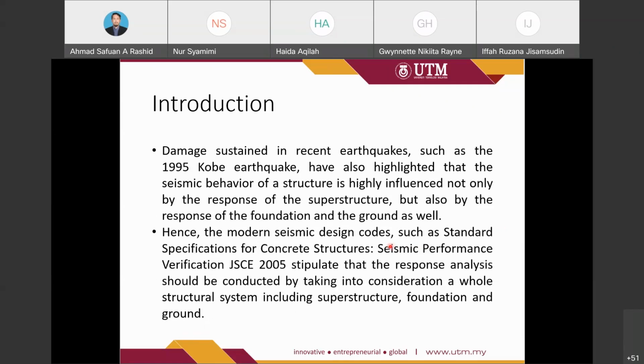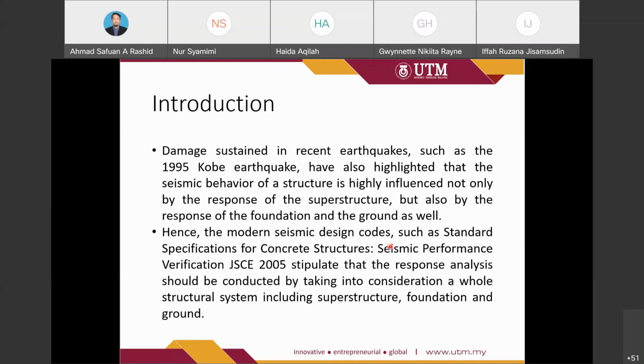Damage sustained in recent earthquakes, such as the 1995 Kobe earthquake, has also highlighted that the seismic behavior of a structure is highly influenced not only by the response of the superstructure, but also by the response of the foundation and the ground.